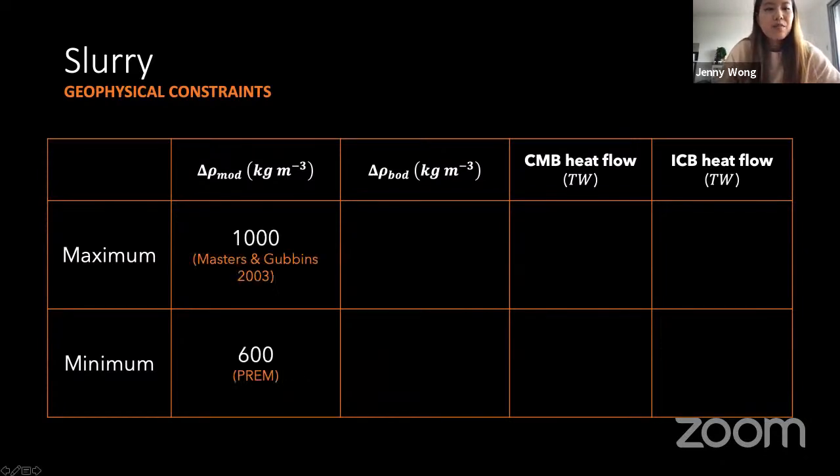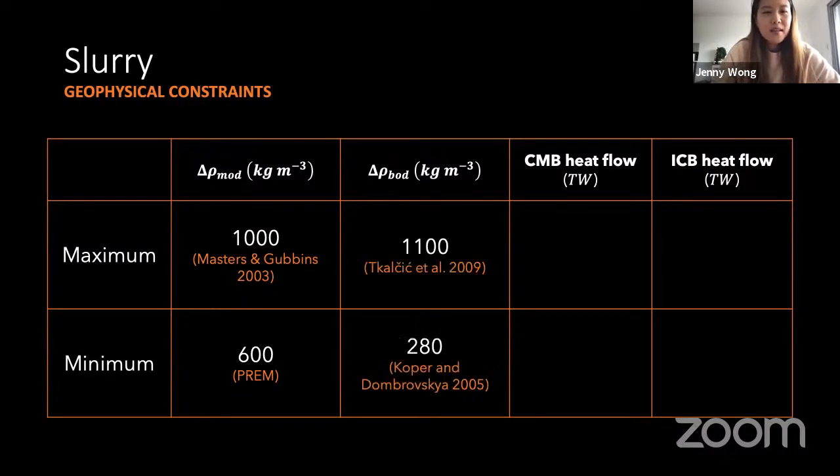These values can range between 600 and 1,000 kilograms per meter cubed. And then the estimates derived from body wave data can vary even more. The lowest such value is 280, and the highest can be as big as 1,100 kilograms per meter cubed.